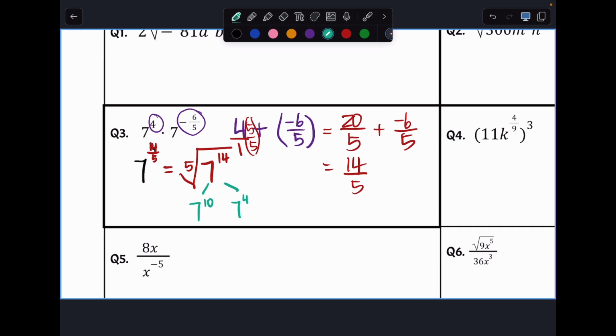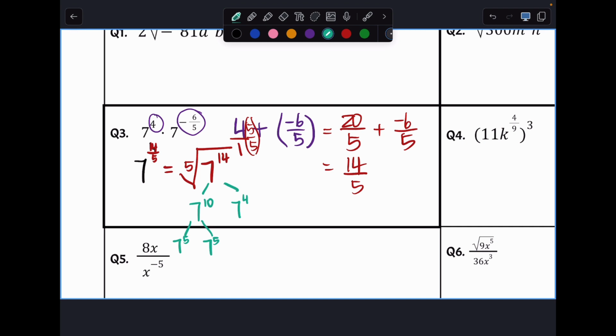So if I break this 7 to the 10th power into 2 equal groups of 5, then that would be what I can pull out to simplify it. You want me to say it again? Okay, so if I have one group of 7 to the 5th power and one group of 7 to the 5th power, right?